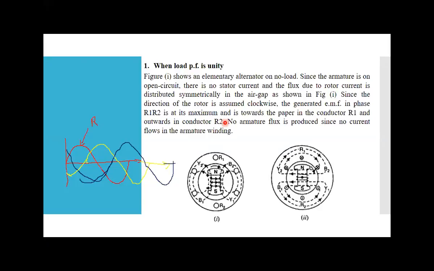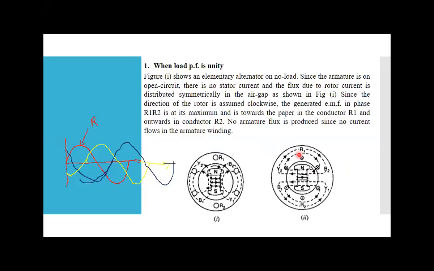Those conductors which are under N pole, or those conductors in which the current is going into the plane, then my flux is in the clockwise direction. And for those conductors whose current is in the outward direction, that flux is in the anti-clockwise direction in nature.